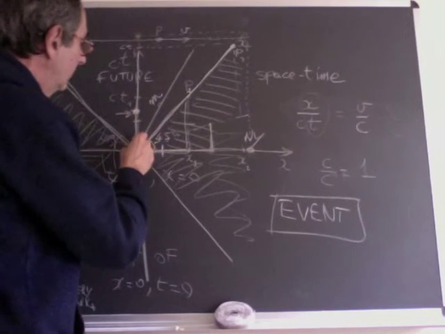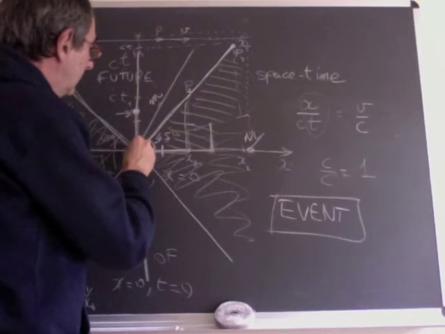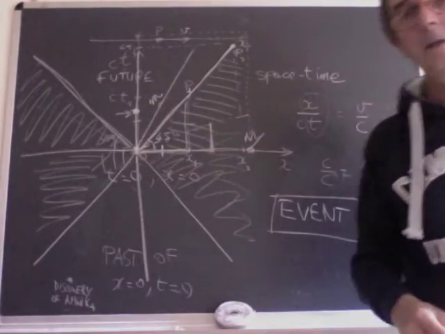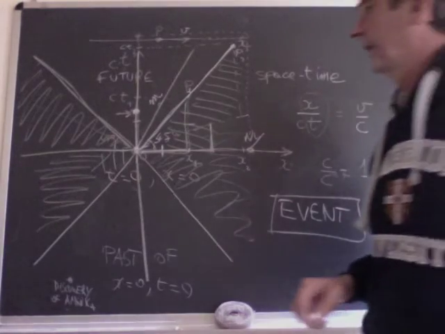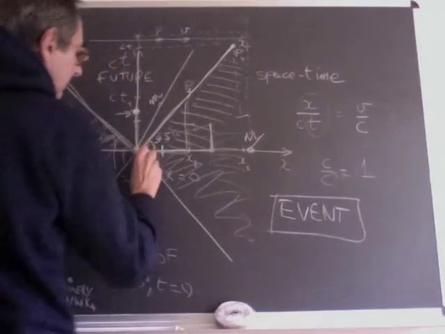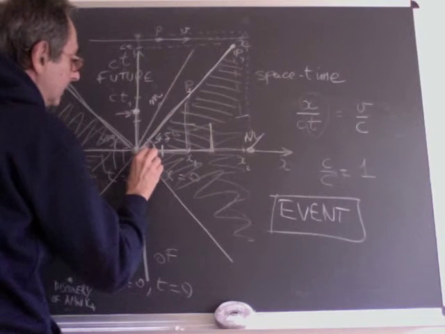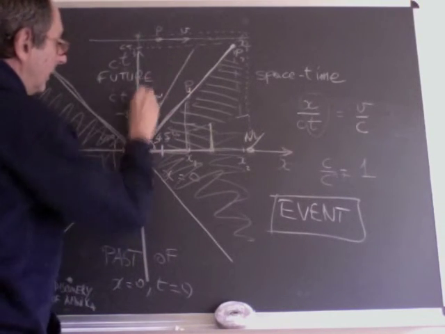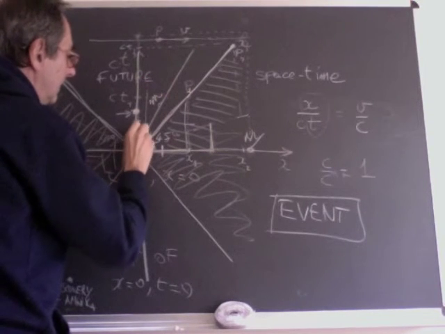Another future of mine is if I leave this place now, I go to the toilet, and the toilet is quite near, it is here, and I go slowly to the toilet compared to the speed of light, so I go like this.